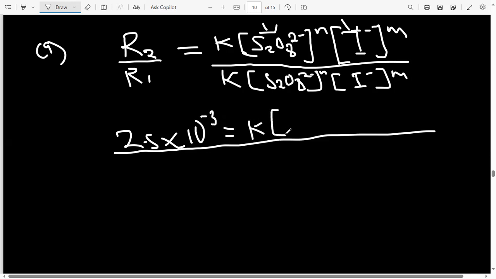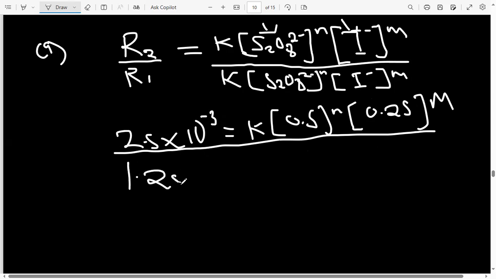What is the concentration of this reactant on the second rate? It's just 0.5, to the power n. The concentration of the iodide on rate 2 is 0.25, and then we have the m. Then what is rate 1? Rate 1 is 1.25 multiplied by 10 to the power minus 3, equals k.